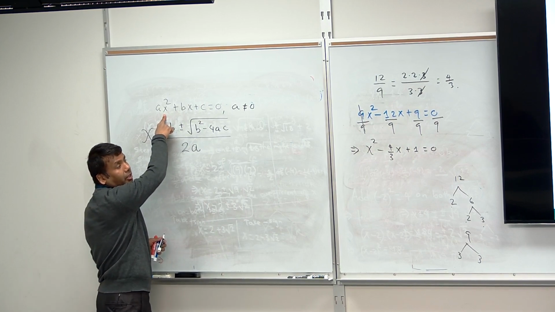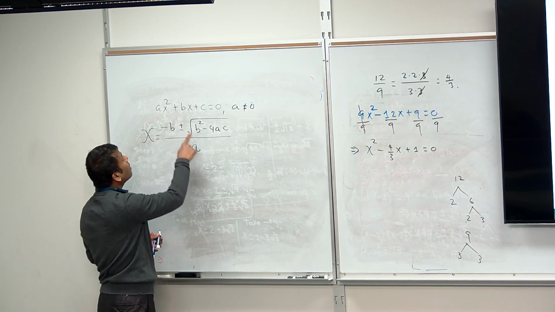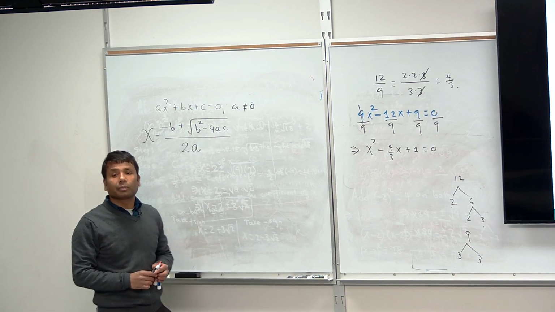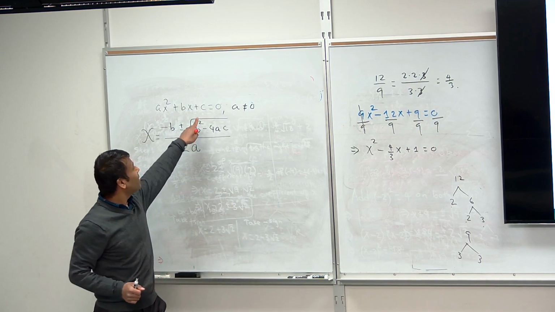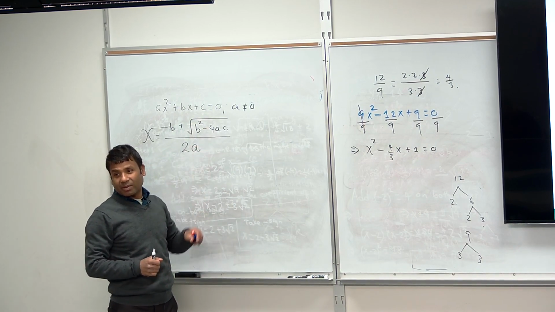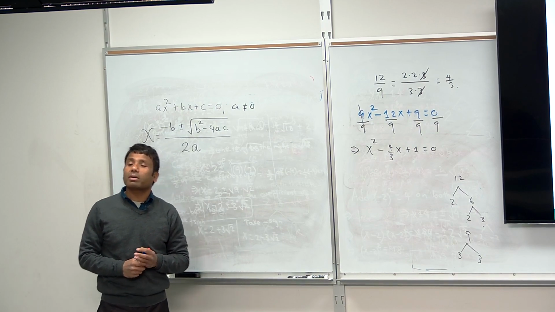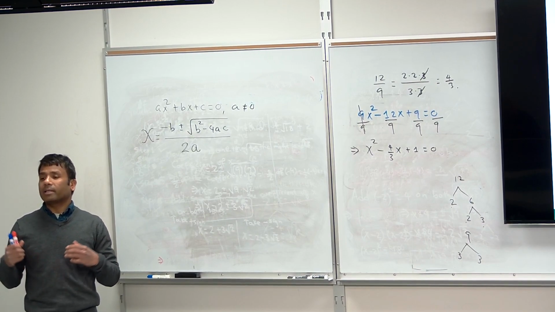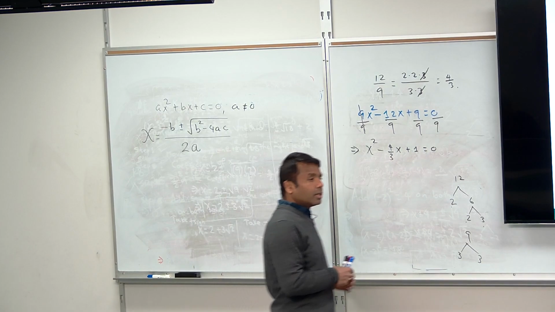Coefficient of x squared, is that right? What does c represent in the equation? Constant term. a is the coefficient of x squared, b is the coefficient of x, and c is the constant term. Okay, guys?